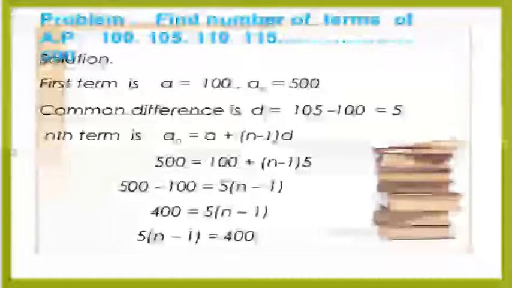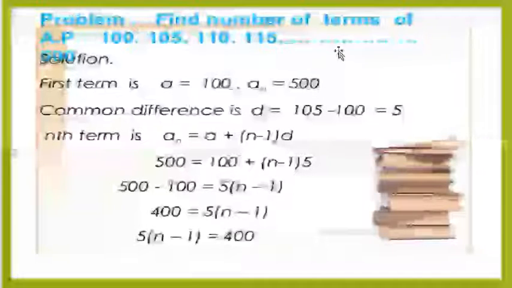Now we will see a problem. Find the number of terms of the AP: 100, 105, 110, up to 500. You can see in this example, the first term is a equal to 100, an is equal to 500. Common difference is d equal to 105 minus 100, which is equal to 5.